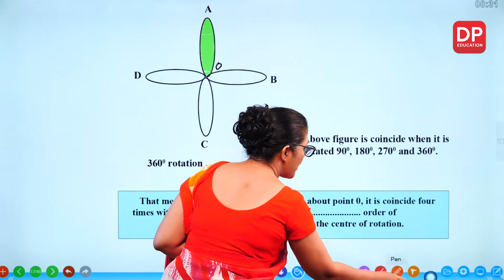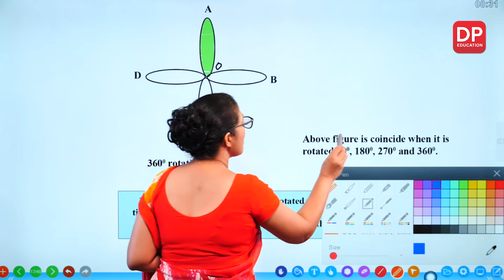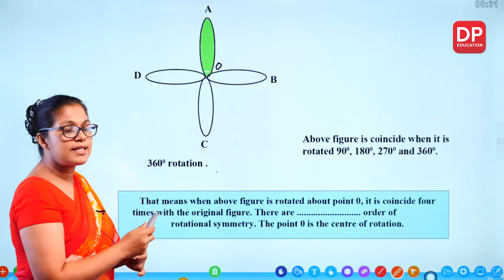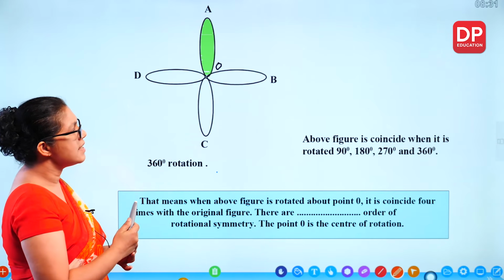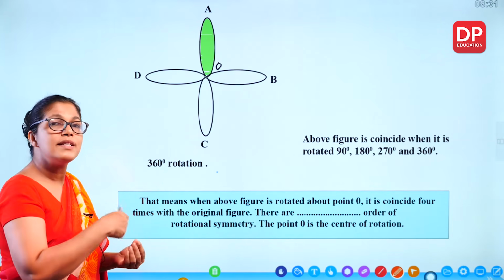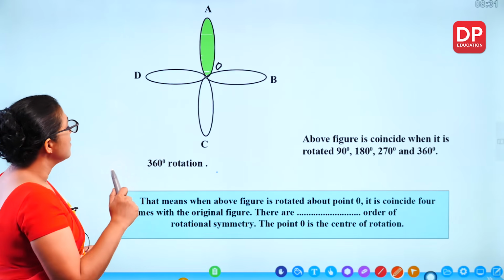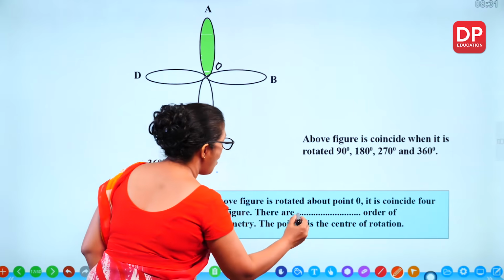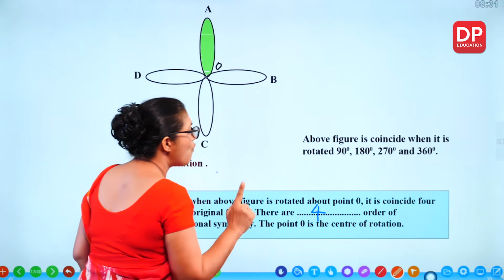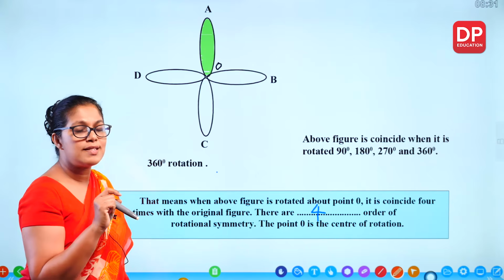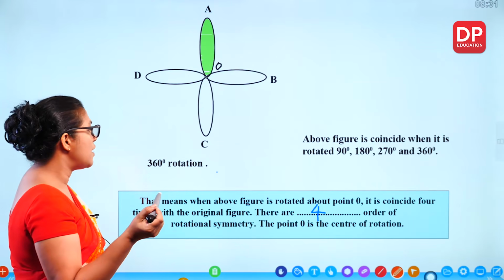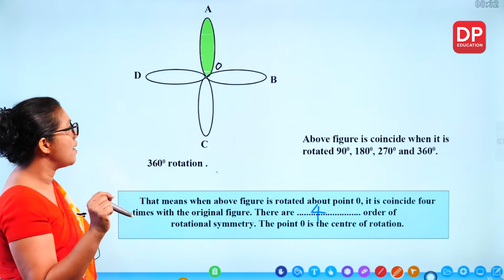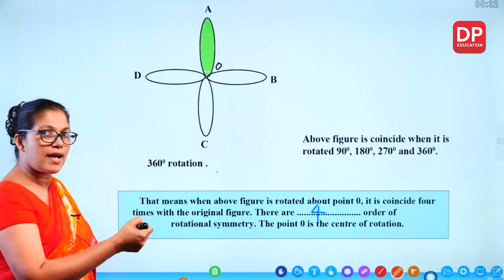So in this figure, the petals coincide when it is rotated 90, 180, 270 and 360 degrees. So we say there are four orders of rotational symmetry. Order of rotational symmetry means how many times you get the same shape when you rotate clockwise or anti-clockwise.